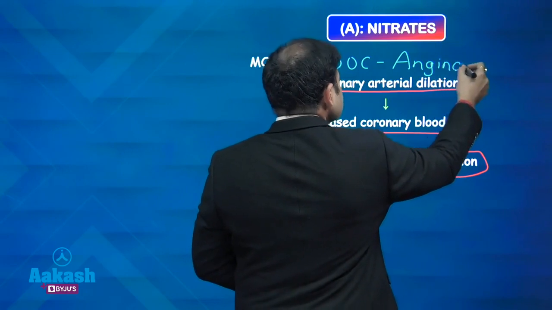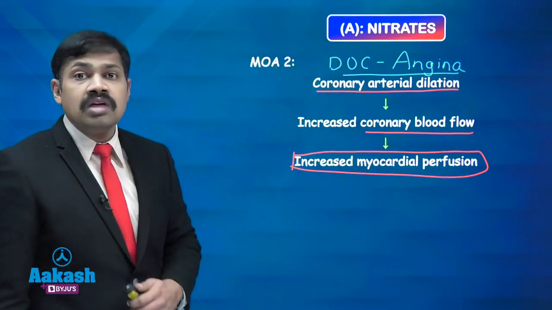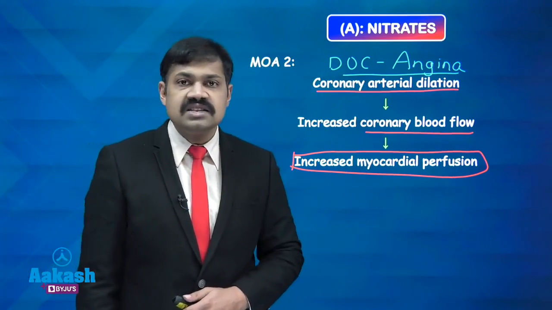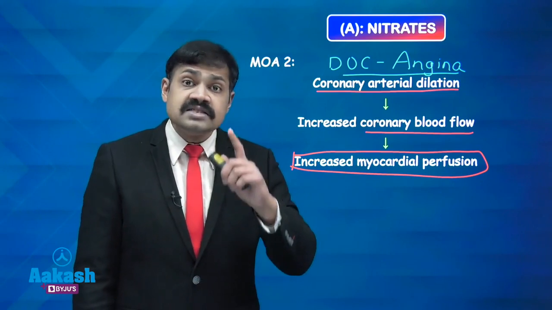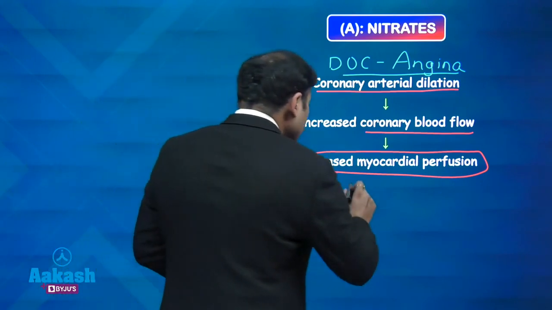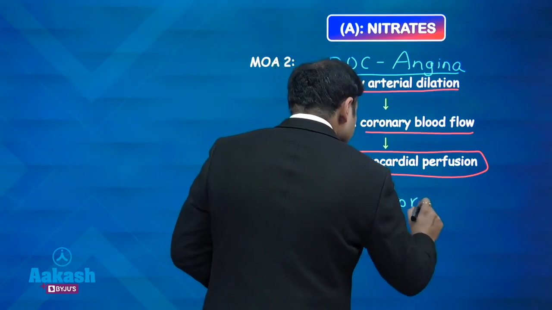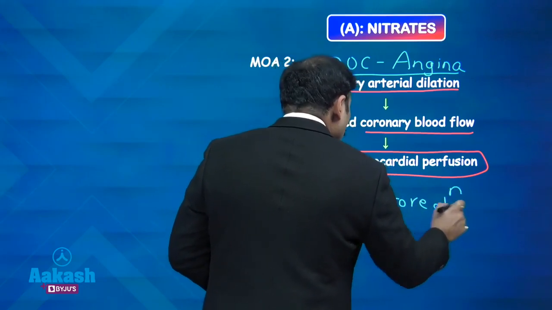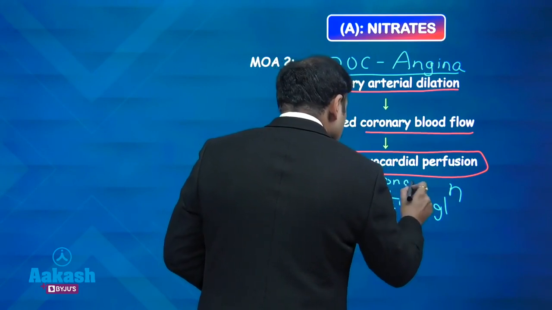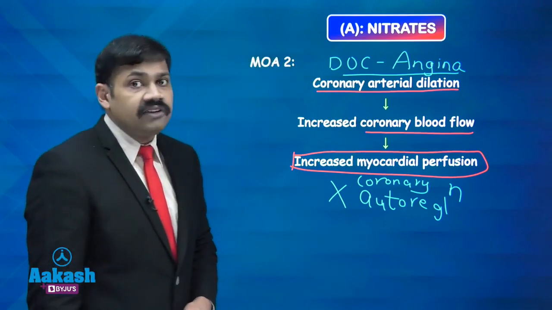Nitrates are very effective in angina because they act by both the mechanisms, reducing the oxygen demand as well as increasing oxygen supply. At the same time, another advantage with nitrates is they do not affect the coronary autoregulation. What is this coronary autoregulation and why is it significant with nitrates?